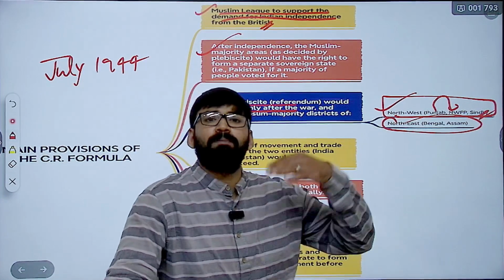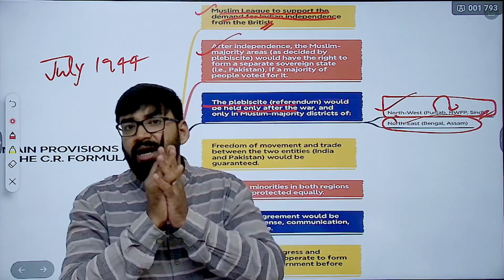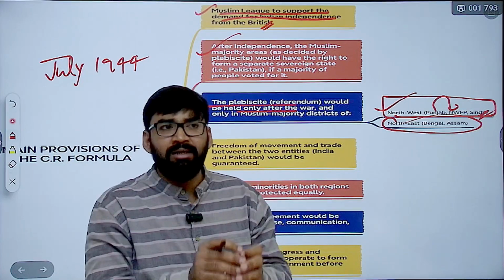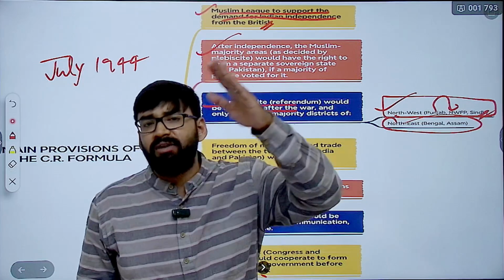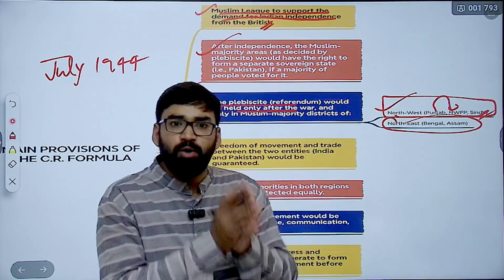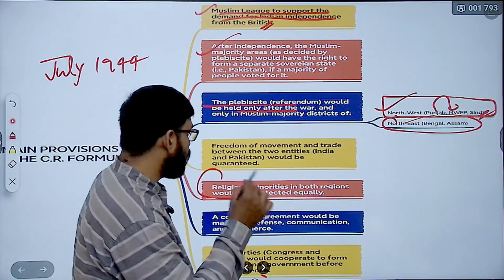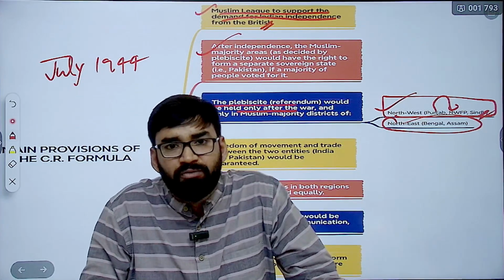Then another provision in this was freedom of movement and trade between the two entities. अगर पाकिस्तान बनता है, if Pakistan is going to be there, then freedom of movement as well as trade between the two entities, that is India and Pakistan, would be guaranteed. And then religious minorities in both the regions would be protected equally. It was mentioned in CR formula.